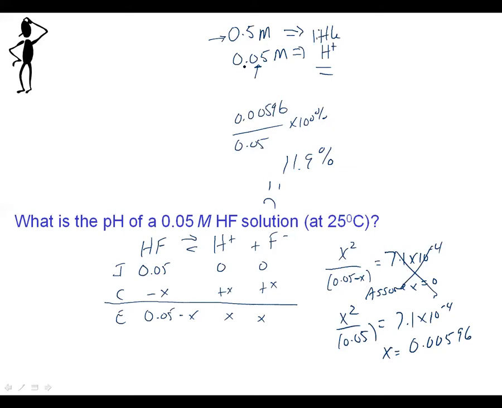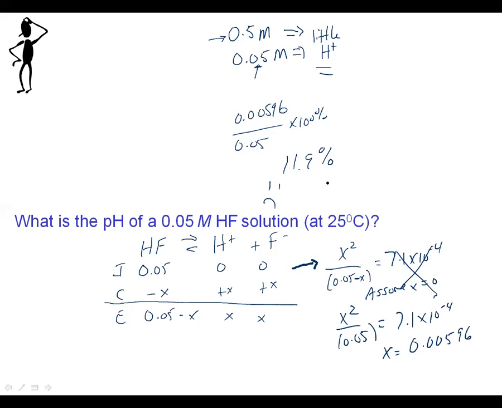When you lose a little bit in terms of H plus, it's a bigger part of the pie, if you will, and the assumption usually will not work. So it's a good reminder that if you make the assumption, you should always check it, because it will not work 100% of the time. Obviously, in this case, for our purposes, you would have to go back and use the quadratic formula and solve it that way.